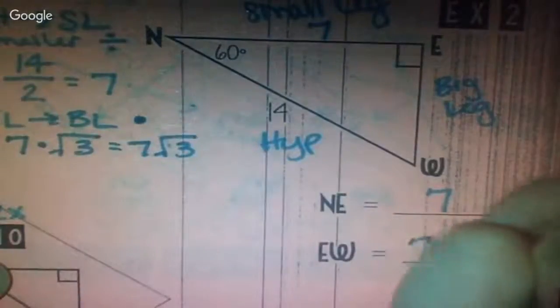So now we're going small leg to big leg. So we're multiplying. We're getting bigger by the square root of 3. So the small leg times the square root of 3 is 7 square roots of 3.